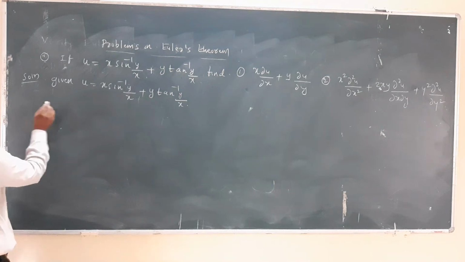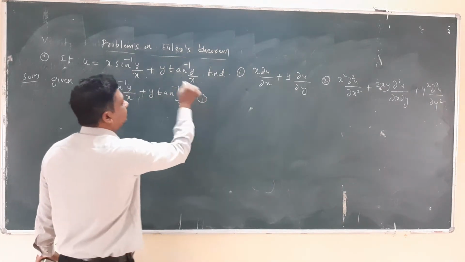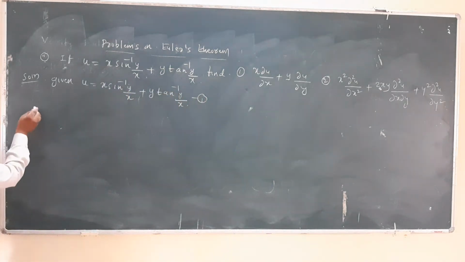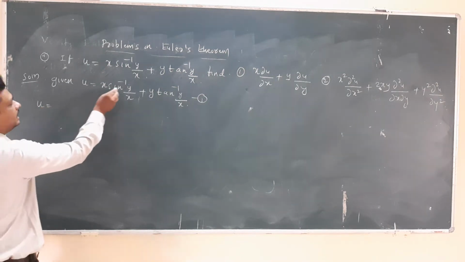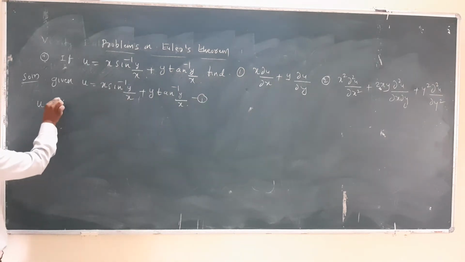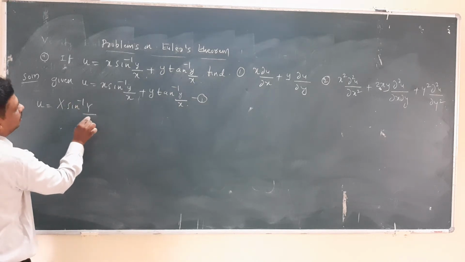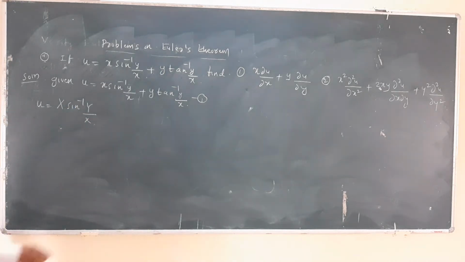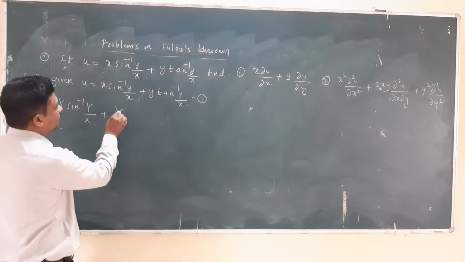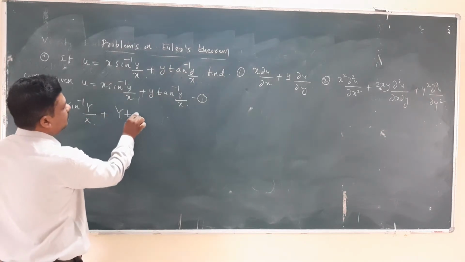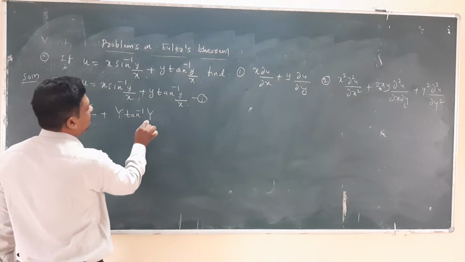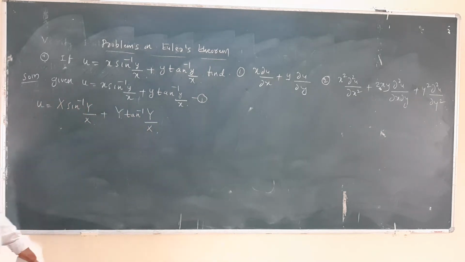So we take this as equation number 1. I will write x and y in capital: X sin inverse of y upon x plus y tan inverse of y upon x.